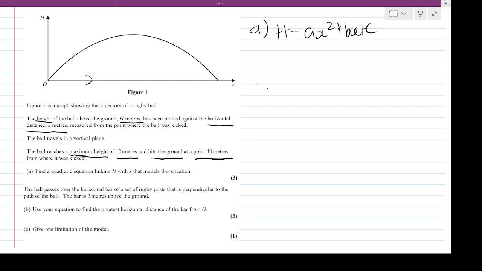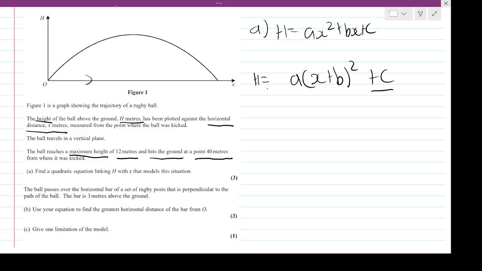Now, when it's talking about maximum height, it's best that we consider h in completed square form, which remember is going to be some number times (x plus b) all squared, and then we're going to have another number at the end there. That is the completed square form. And obviously, if we expand this bracket, eventually we'll get back to this form here. So it's the same, right?